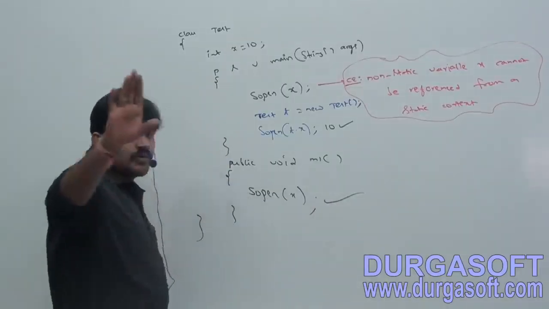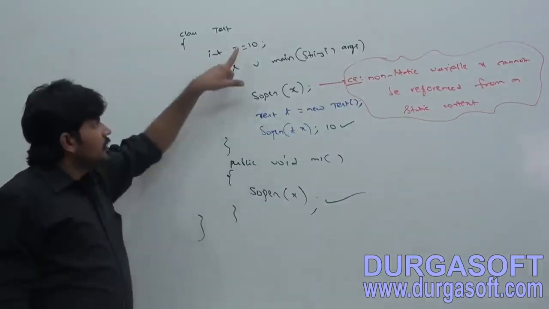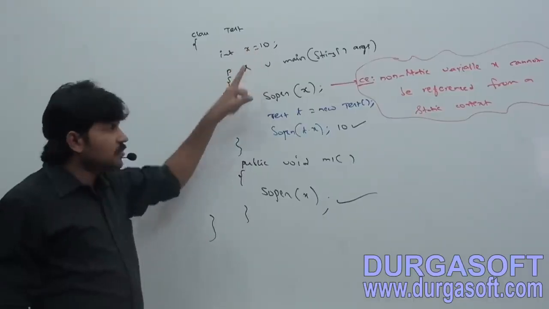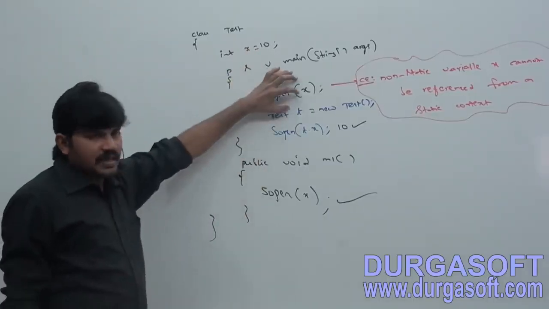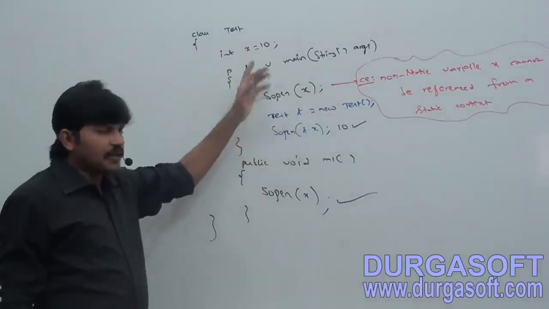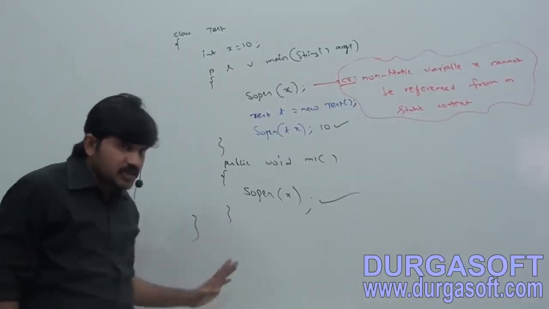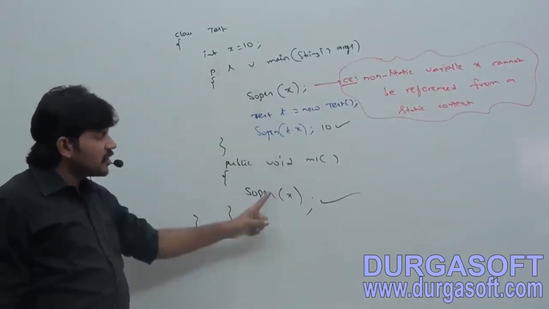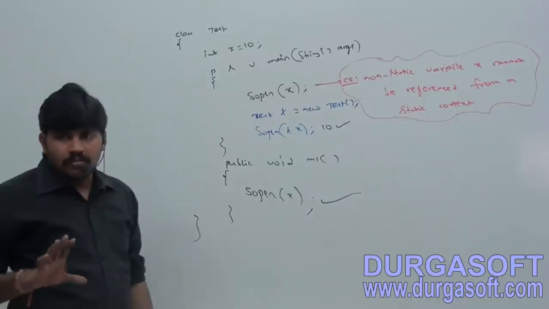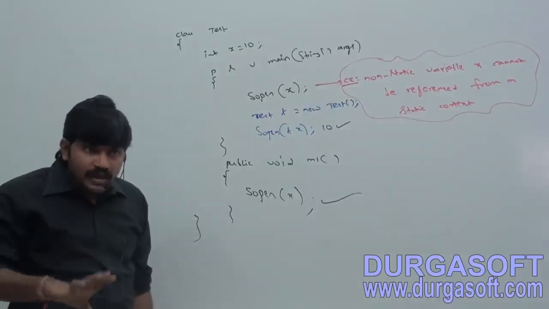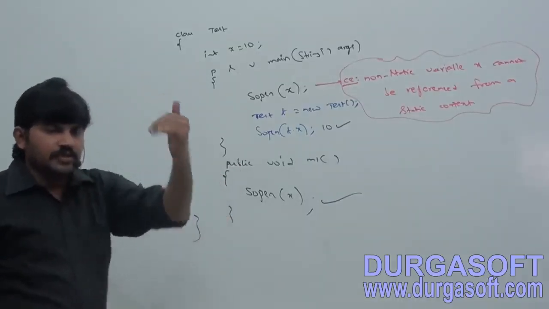Now the conclusion here is, instance variable from static area we can't access directly, but by using object reference we can access. But from instance area we can access instance variable directly, no problem at all. Are you able to understand how we can access? What options are there at this point?